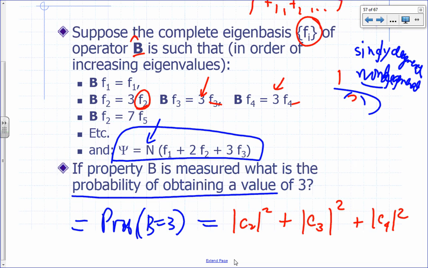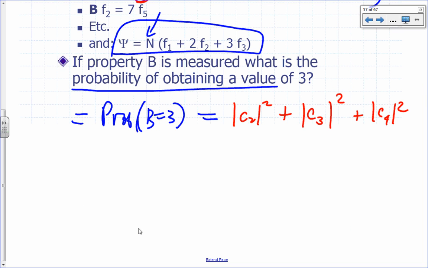So, what would be the answer? What is c2 squared here? Okay, so c1 is equal to 1 times n, right? What is c2? 2n. What is c3? 3n. What is c4? 0.